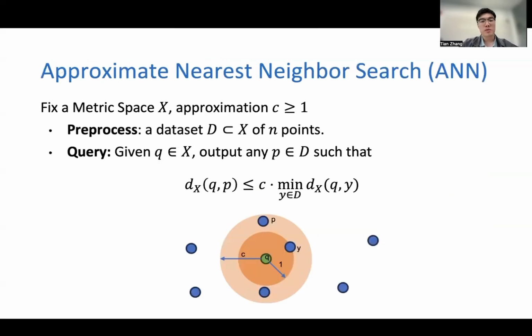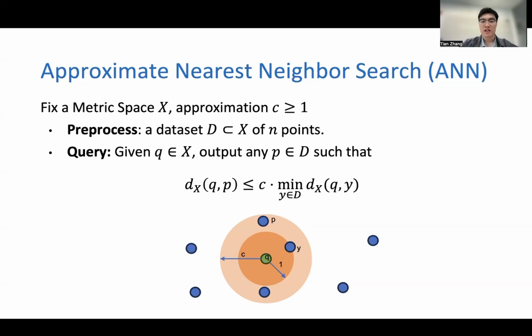And the problem we are looking at for EMD is called approximate nearest neighbor search, where we fix a metric space X. This is going to be, not surprisingly, the EMD in this talk, and an approximation factor C. And then we are given a data set to pre-process.